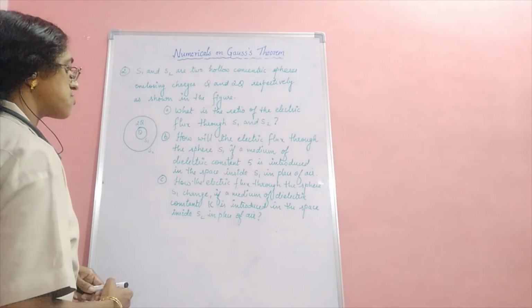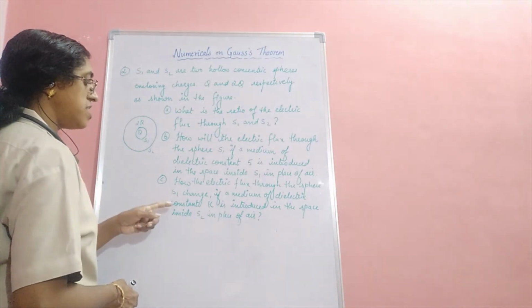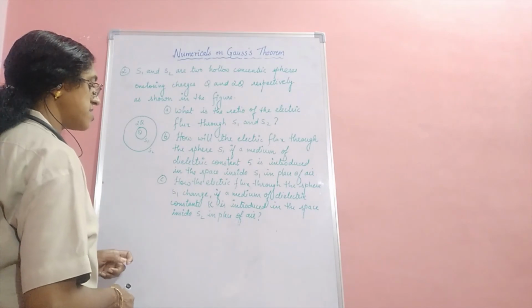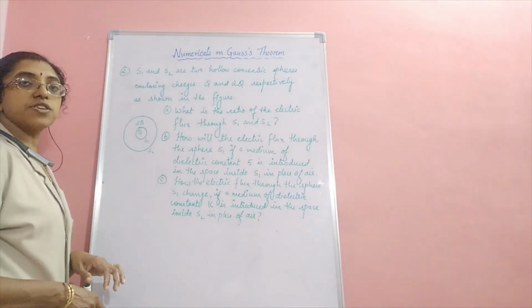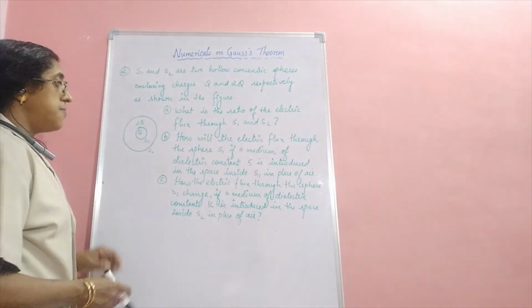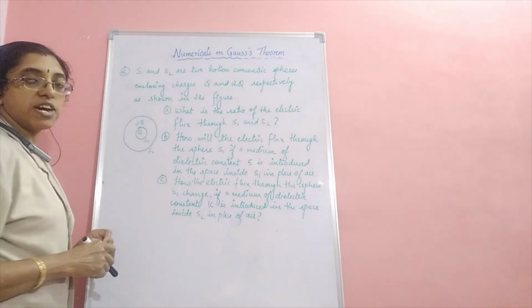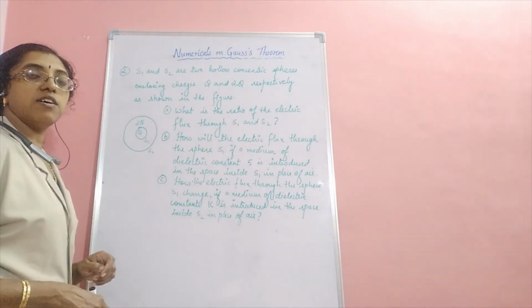How will the flux through the sphere S1 change if a medium of dielectric constant K is introduced in the space inside S2? Now we are introducing a dielectric constant K in S2, and you need to find out the flux through the sphere S1.